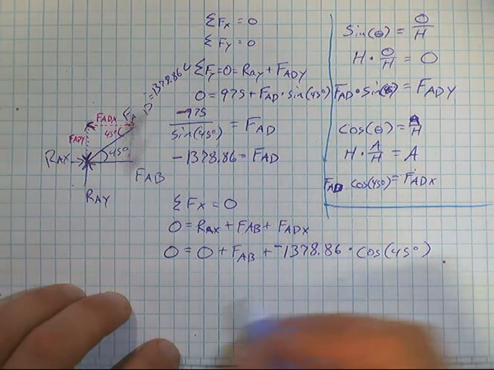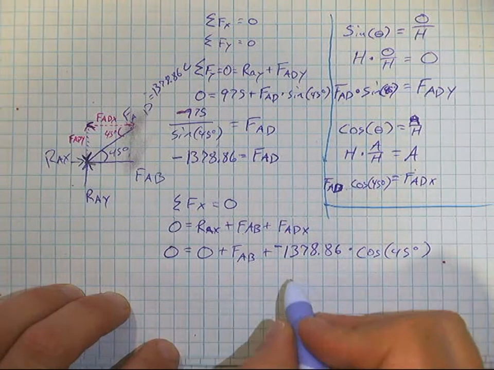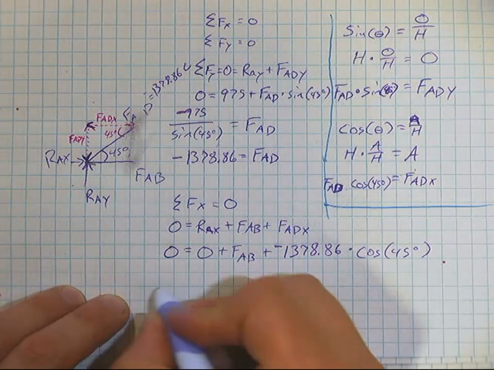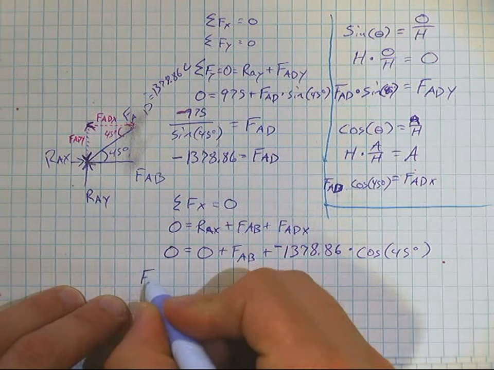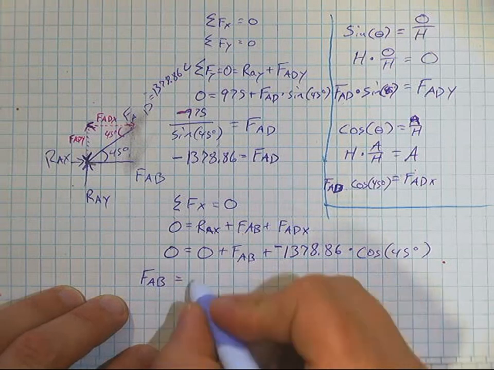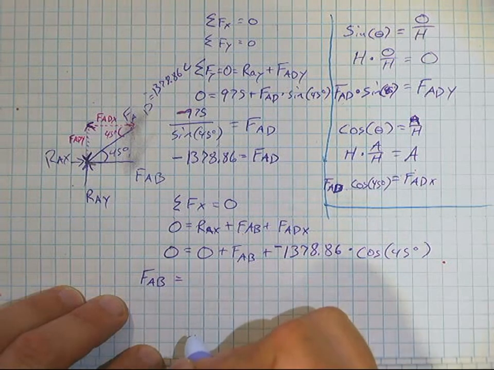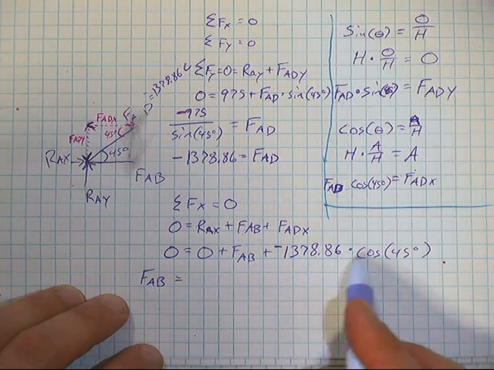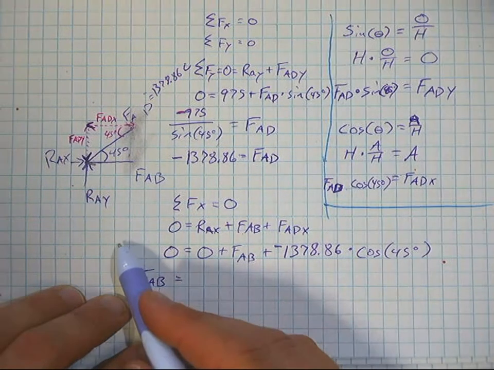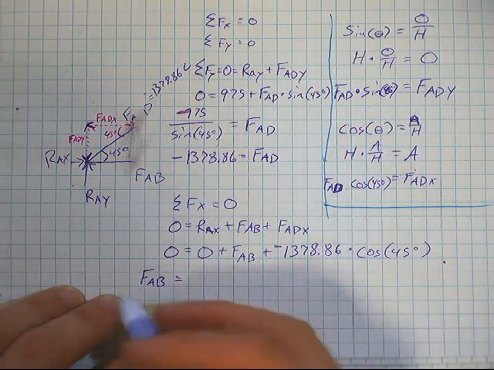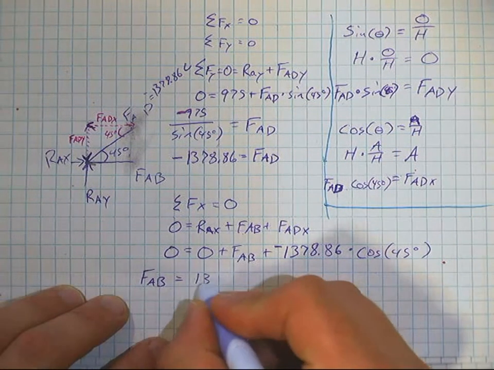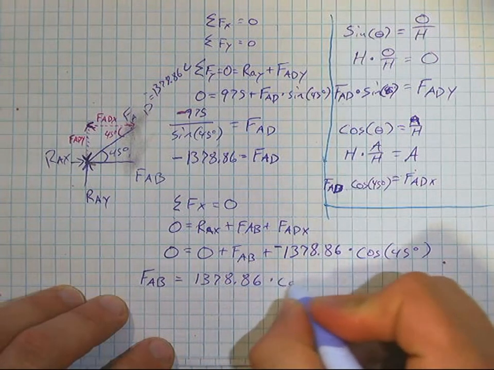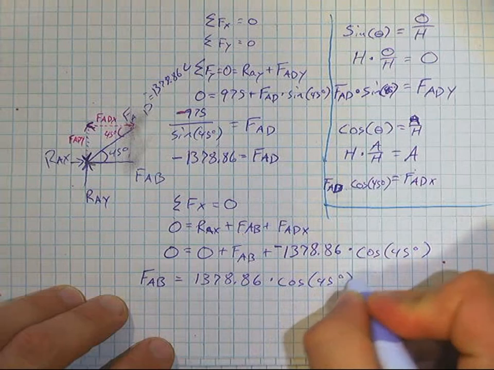Now we do our math. Basically we have FAB equals, and remember that I'm adding 1378.86 times cosine of 45 to the other side and flipping it about the equal sign. So FAB is 1378.86 times cosine of 45 degrees.